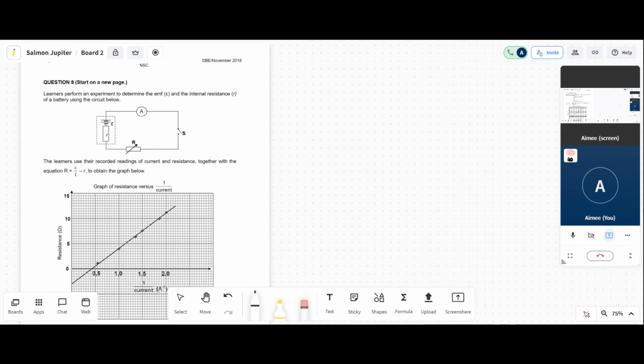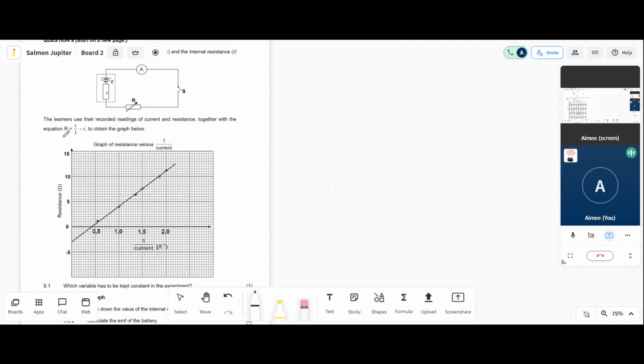Learners perform an experiment to determine the EMF and the internal resistance of a battery using the circuit below. So here's your circuit diagram. The learners use their recorded readings of current and resistance together with the equation R is equal to EMF over current minus internal resistance.